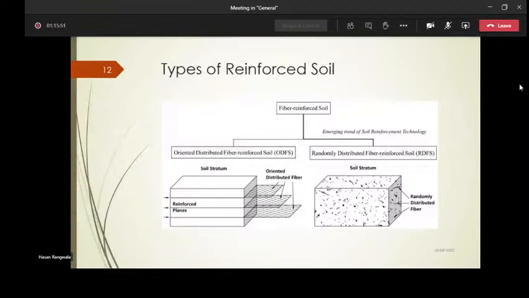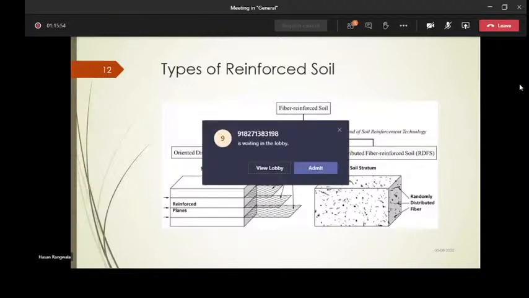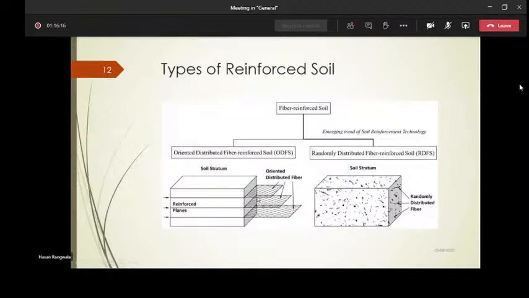You have layers of soil and reinforcements, while in the randomly distributed fibers, you have just put some fibers mixed with the soil strata, and here you can see some fibers within the system, while in this particular system, you can see this is a reinforcement layer, okay, and maybe here it is shown as a grid.